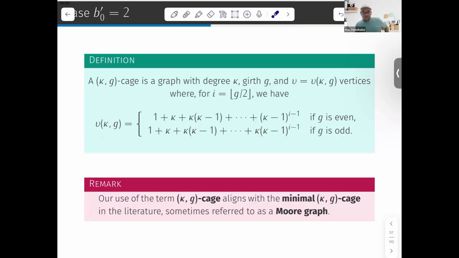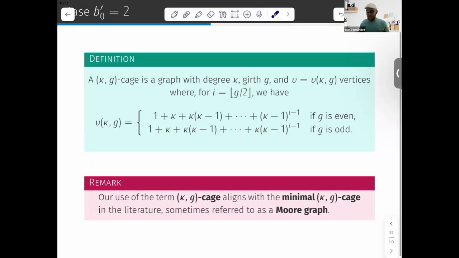What we call a (kappa, g)-cage has different names in the literature, such as a minimal (kappa, g)-cage or a Moore graph. So in other words, what we would like to consider is a graph with this property which is distance-regular. This is what we need.